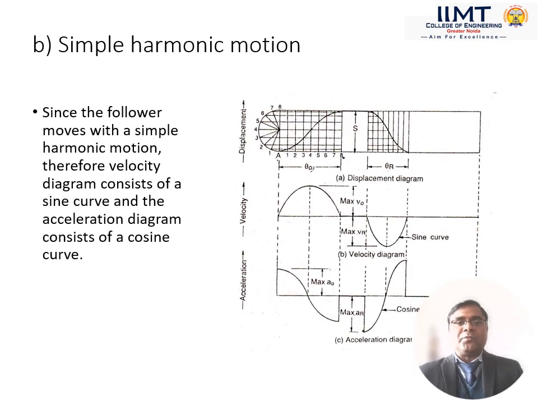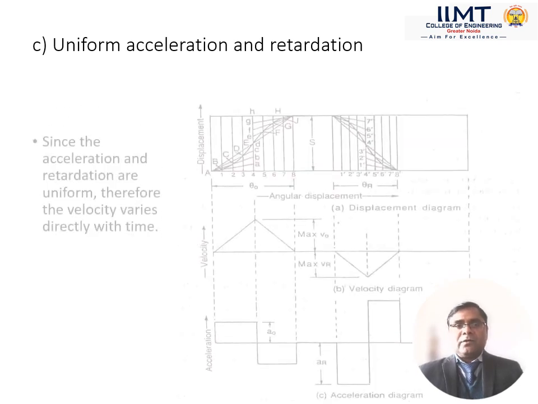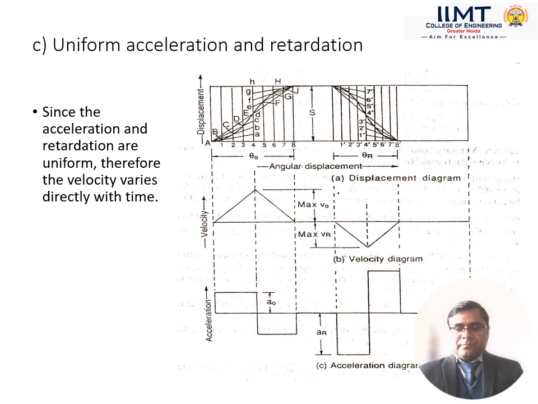Next one is the simple harmonic motion. Since the follower moves with a simple harmonic motion, the velocity diagram consists of the sine curve and the acceleration diagram consists of the cosine curve. Here you can see that there are two types of angle.